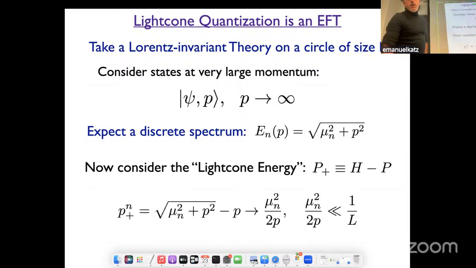The leading terms cancel, and in fact the eigenvalue starts tending to zero. So as we boost more and more, we find that more and more of the eigenvalues fall below the typical energy on a circle, that is to say 1 over L.